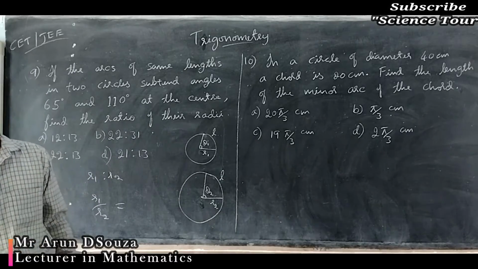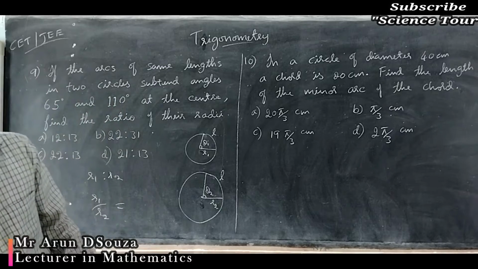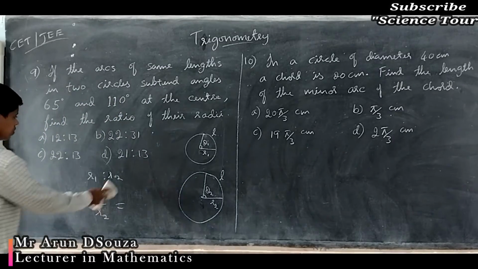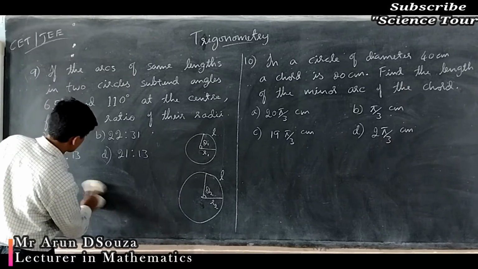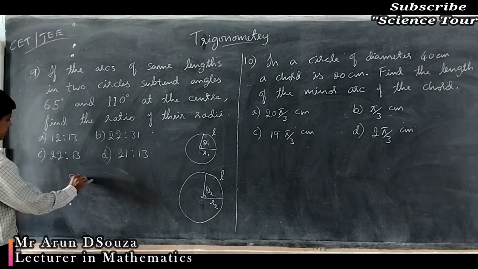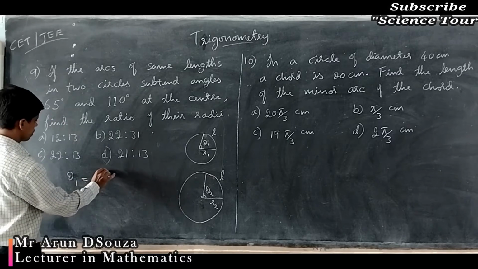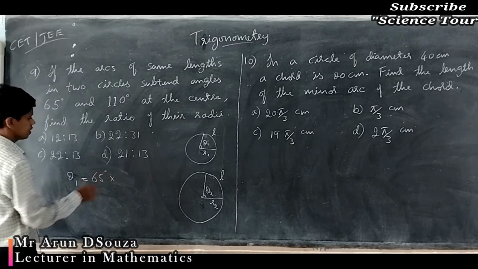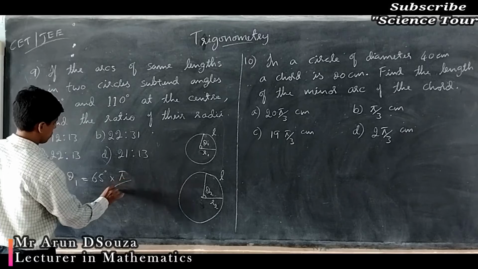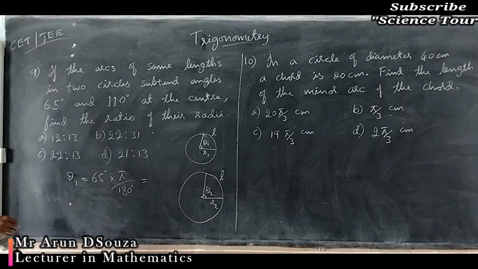Which formula are we going to use here? The same formula, theta is equal to L by R, or R is equal to L by theta. But before that, let us write what is theta 1. Theta 1 is 65 degree. We have to convert that into radian, so multiply by pi by 180 degree. Simplify that and find.